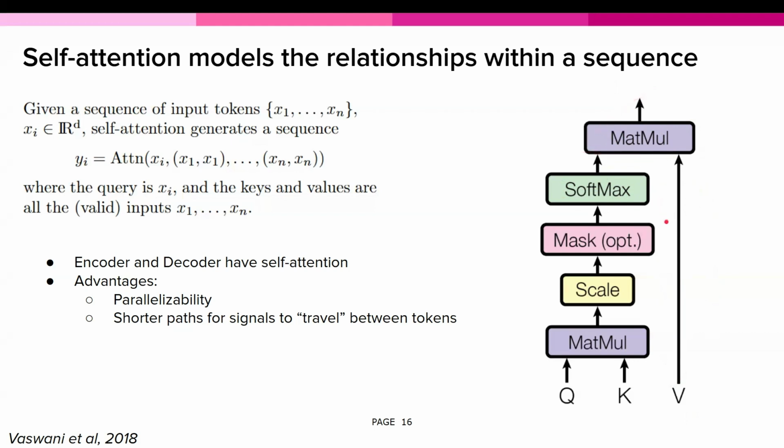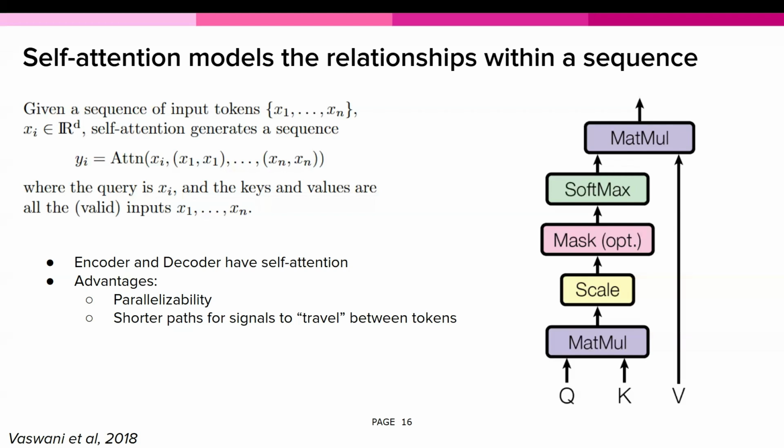A couple of comments here. Since self-attention computes attention scores across the whole sequence at once, this is quite a break from the sequential nature of RNNs. So this can be parallelized, which means we can leverage architectures like GPUs to get this done.